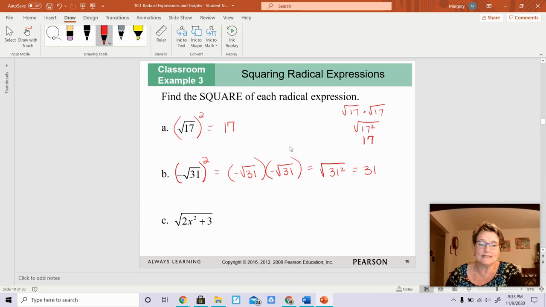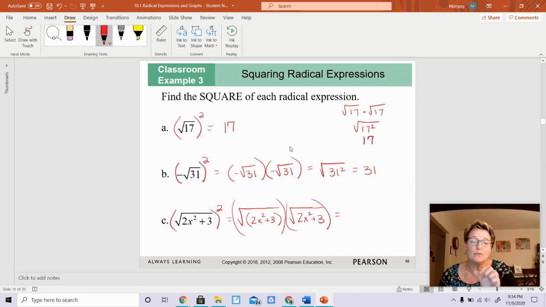Now, letter C, you're squaring the radical. Because you're squaring the radical, you're taking the square root of 2x squared plus 3, and you're multiplying it by the square root. Let me just put little parentheses around here. All that means is you're just writing it down twice. Now you end up with whatever's under the radical.